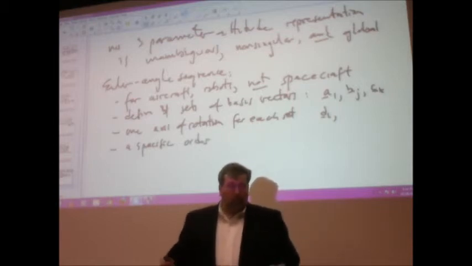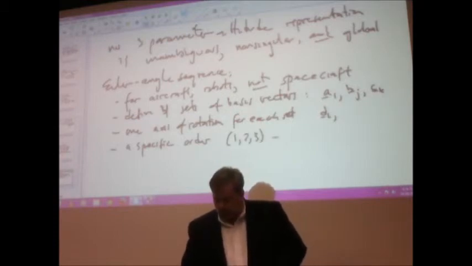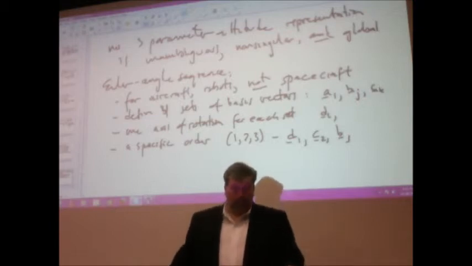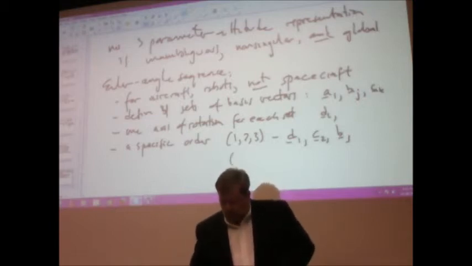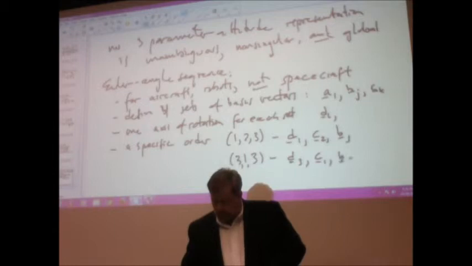For example, a 1, 2, 3 rotation would mean rotate around D1, then C2, and then B3, for example. Or maybe a 3, 1, 3 rotation. Rotate around D3, then about C1, then about B3.